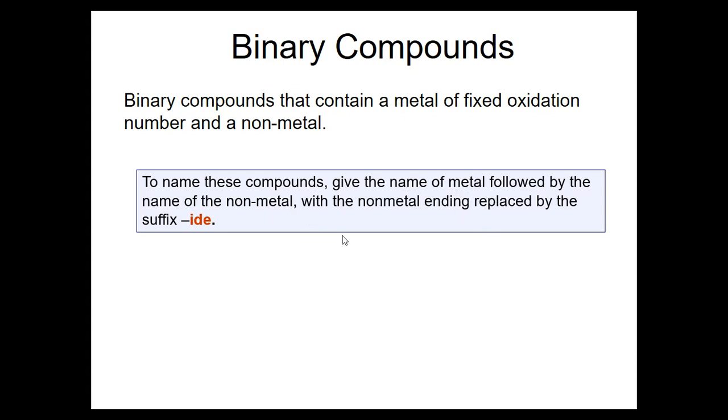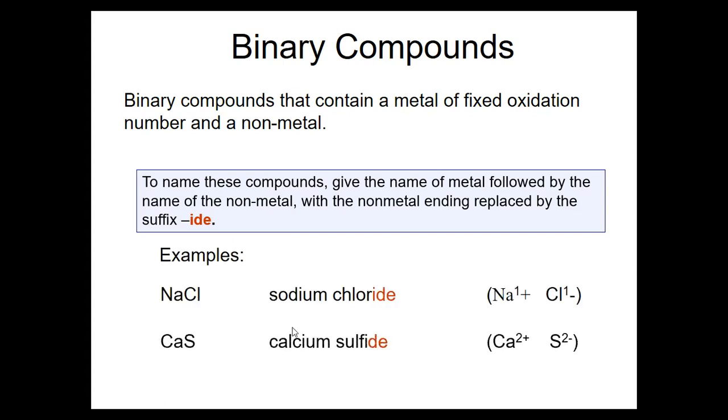And then the nonmetal's ending is going to change to IDE. So an example here is sodium chloride. Sodium is the metal. We don't do anything with its name. We write it just as it is on the periodic table. But chlorine, the ending there is changed to IDE.